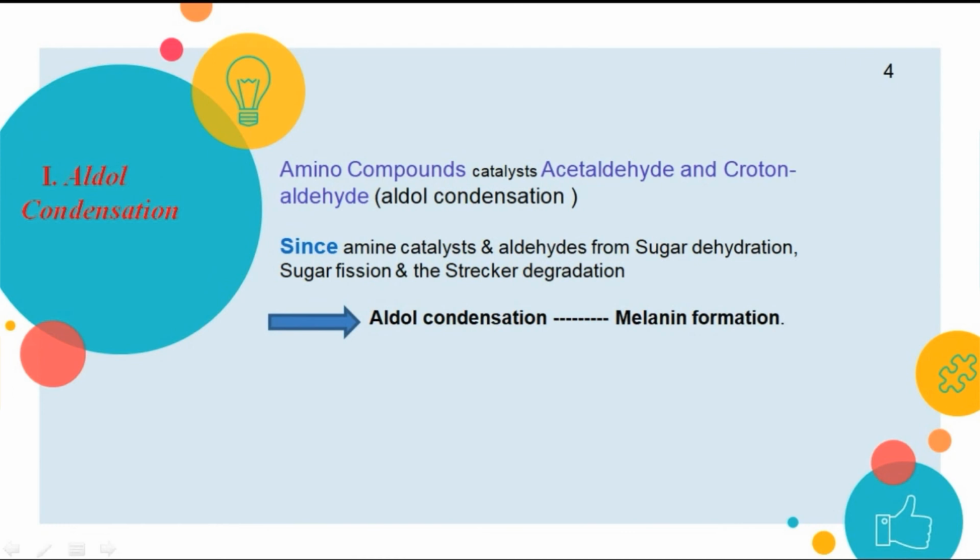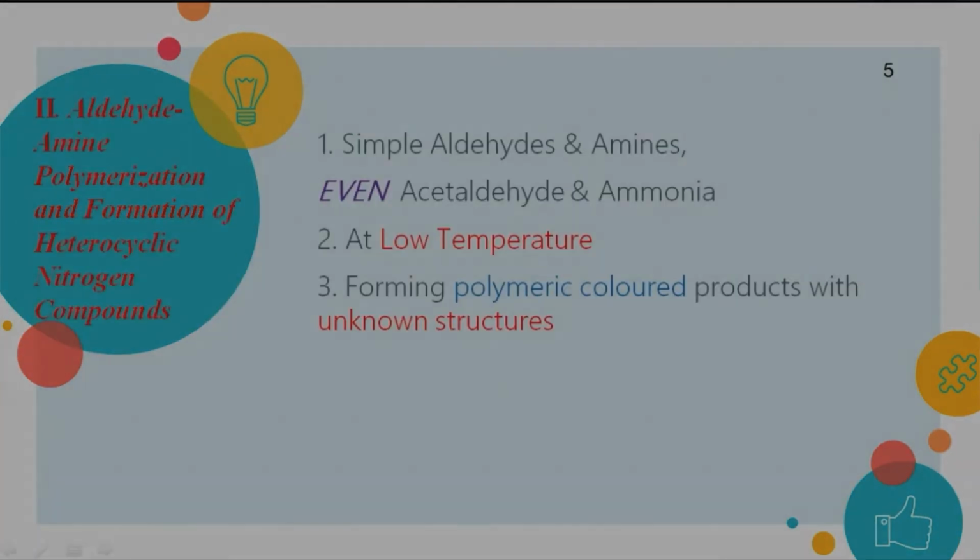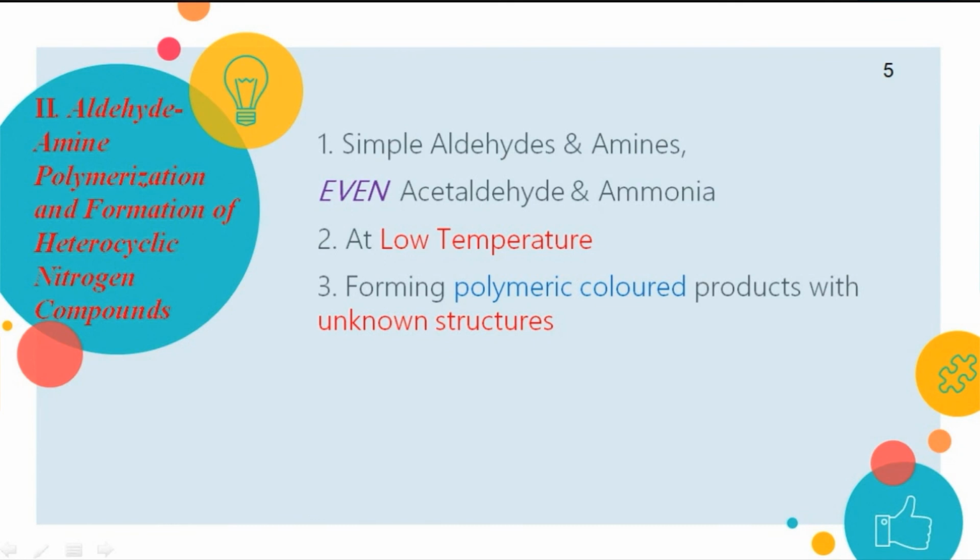Obviously, aldol condensation is the chief cause of melanoidin formation. The second part is to polymerize aldehyde-amine or even acetaldehyde and ammonia. Finally, they can form polymeric colored products at a low temperature with unknown structures.